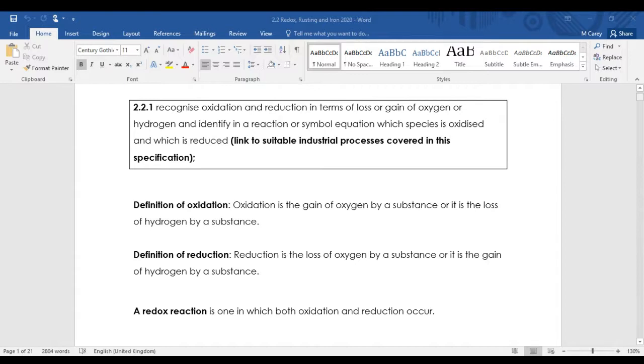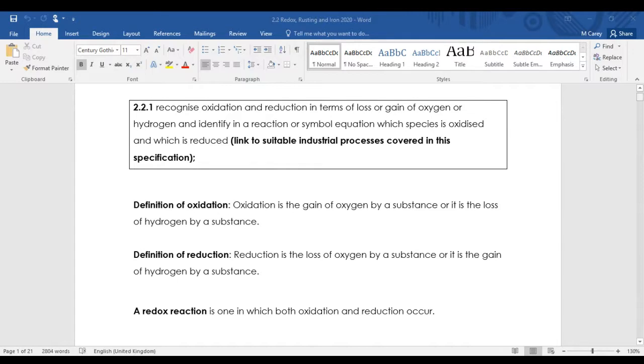what we've got is the definitions: oxidation is a gain of oxygen, right, or it is the loss of hydrogen. Now you might have both gain of oxygen and loss of hydrogen in the same reaction, but if you see an element or a compound gaining oxygen, or a compound losing hydrogen, that is oxidation.